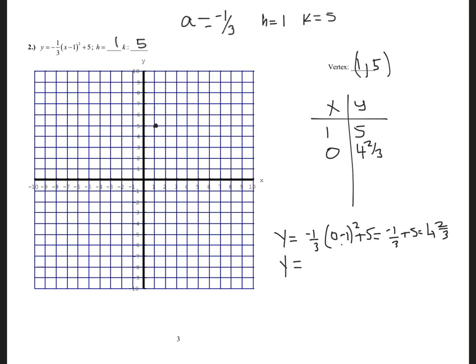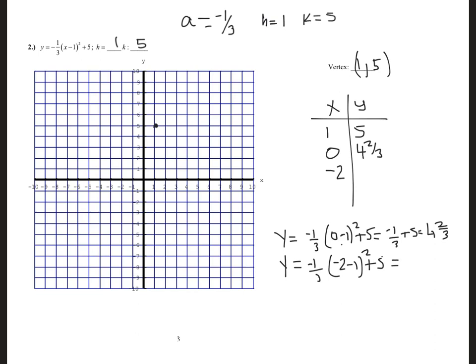Let's try another point like 2. I think 2 is going to be convenient here. So -1/3, and we're going to do -2, not 2, but -2 minus 1, plus 5.